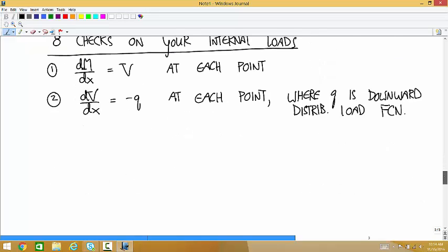Third, at endpoints, T is equal to 0 if and only if there's no horizontal point force at that endpoint.